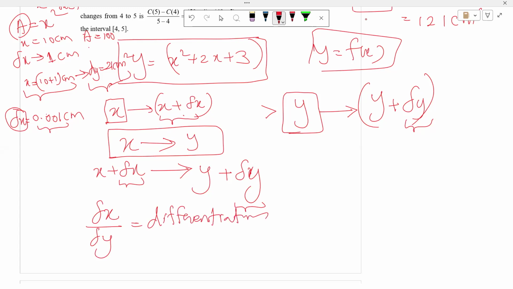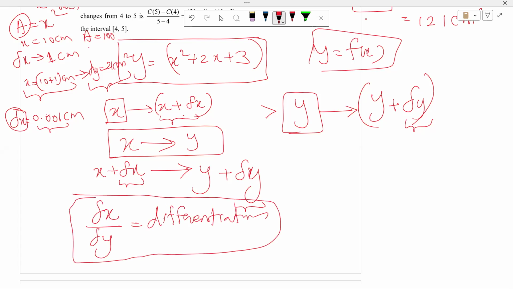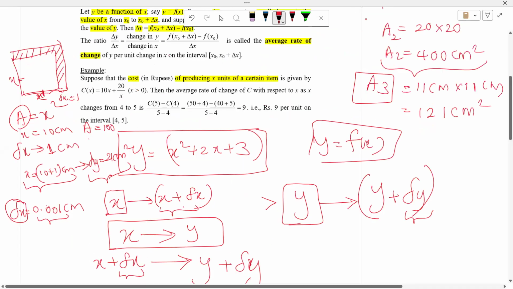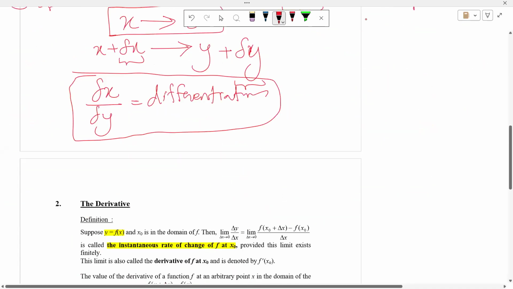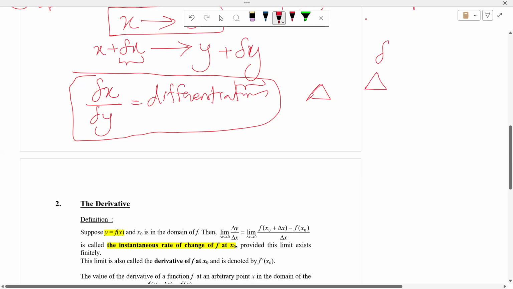So if you find out delta x over delta y, that is what we can call differentiation, right? Sometimes we write this with a lowercase delta, and this is the uppercase delta, right?